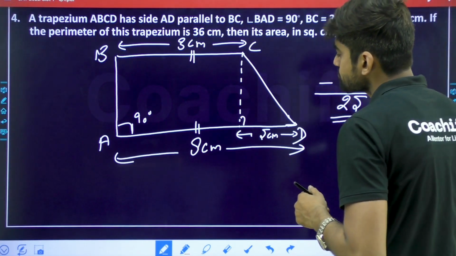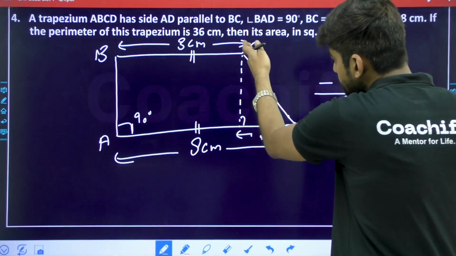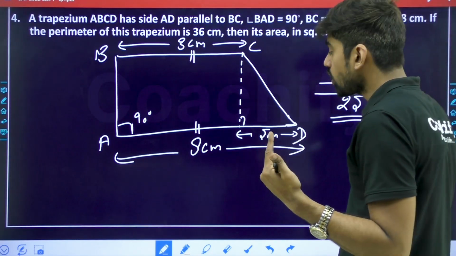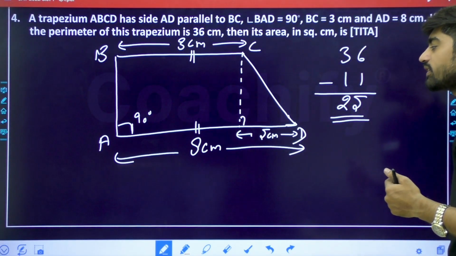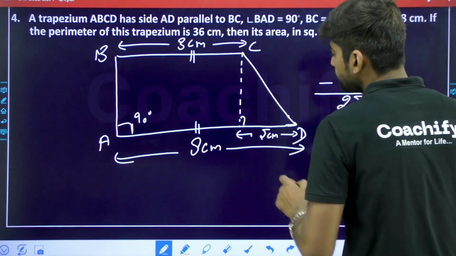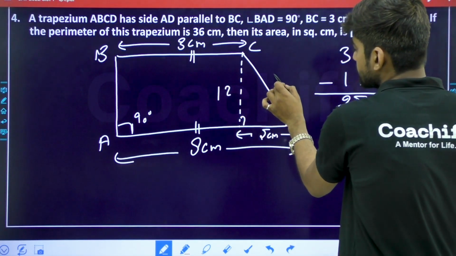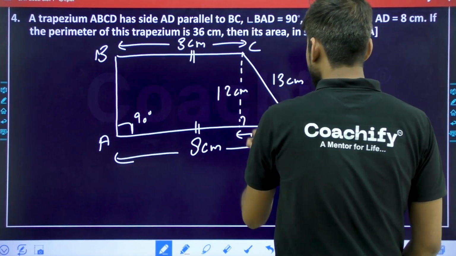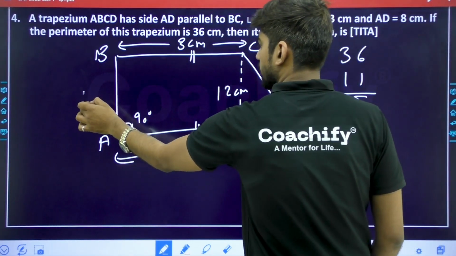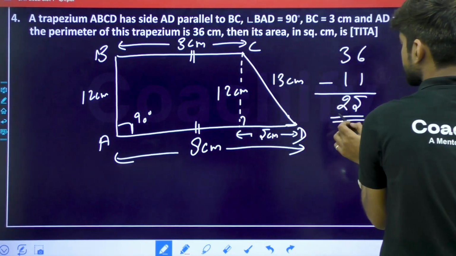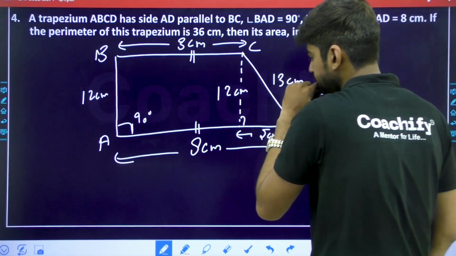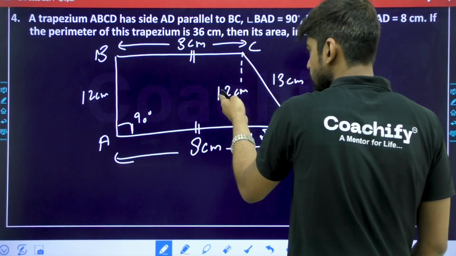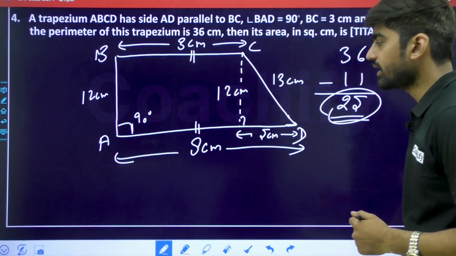Now, since this is also a right angle triangle, and with one side I am provided with 5, I can recall one Pythagorean triplet, which is 5, 12 and 13. So if I take this as 13 centimeters, this should be 12 centimeters, since the sum of these two sides is 25. And I can observe that since I have dropped a perpendicular here, this is 12, this is also 12, which fits my calculation.